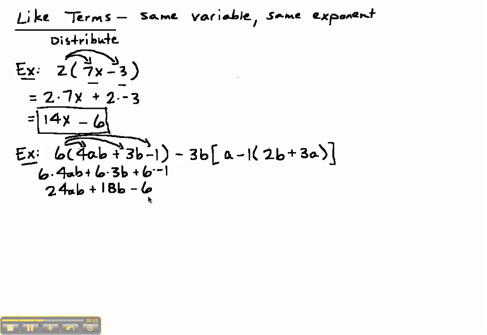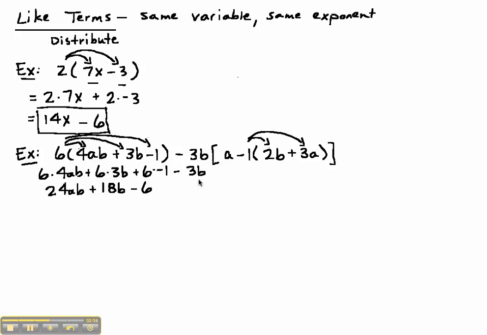Now let's look at the second set of parentheses. We have brackets, and then inside those brackets we have another set of parentheses. So we need to work with the innermost parentheses first. And inside those parentheses we have 2b and 3a. Again, those are not like terms. So the only thing we can do is distribute.